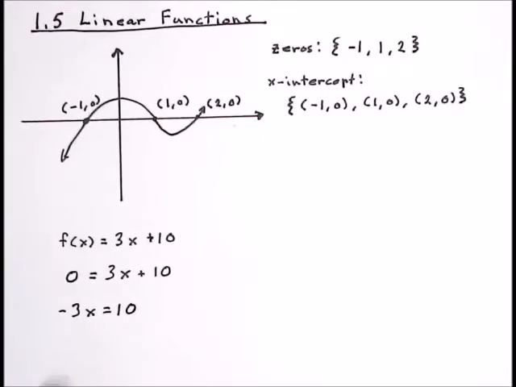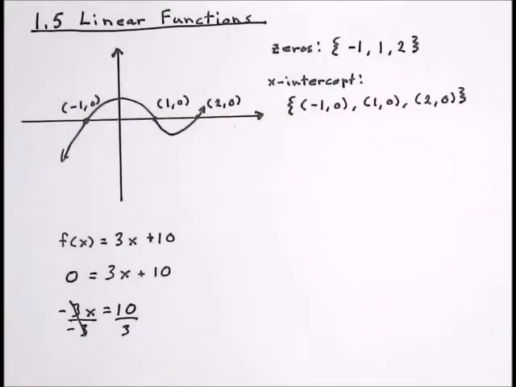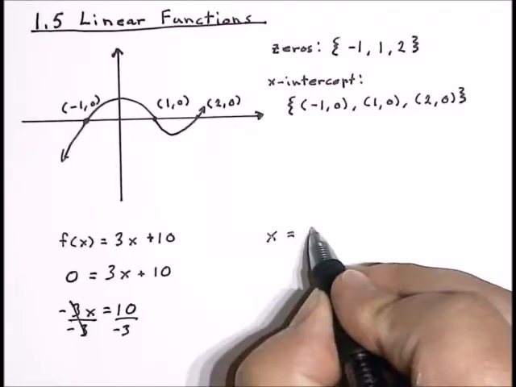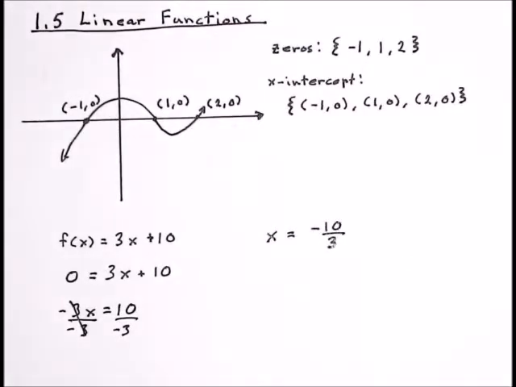And then I'm going to divide both sides by -3. That's going to get rid of that coefficient in front of the x. And my answer is just going to be x equals -10/3.